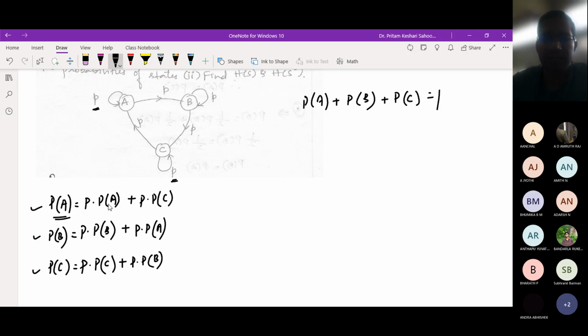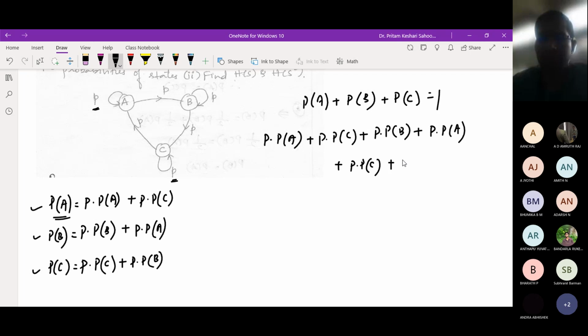So using this, I can write the probability of A that we have calculated, P into P of A plus P into P of C, plus the probability of B, that is P into probability of B plus P into probability of A, plus the probability of C, that is P into probability of C plus P into probability of B. This is equal to 1. So this we can write like this.